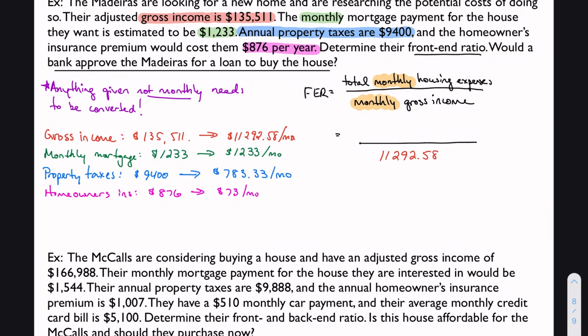I'll pick a new color here. Add all of these together to get $2,089.33. Well, now I have a ratio, I can just divide. And I get 18.5%.